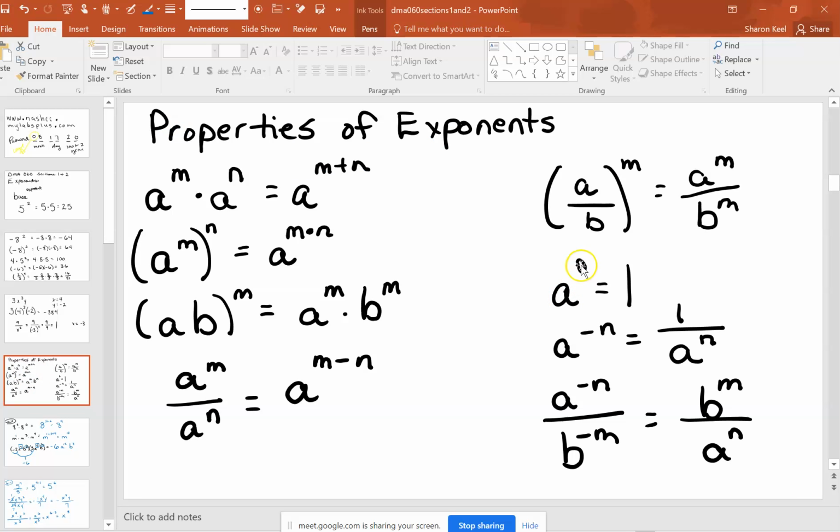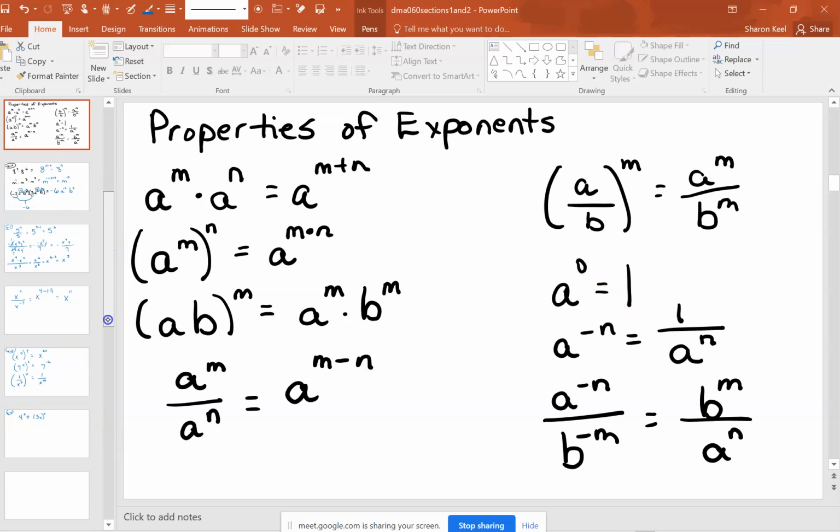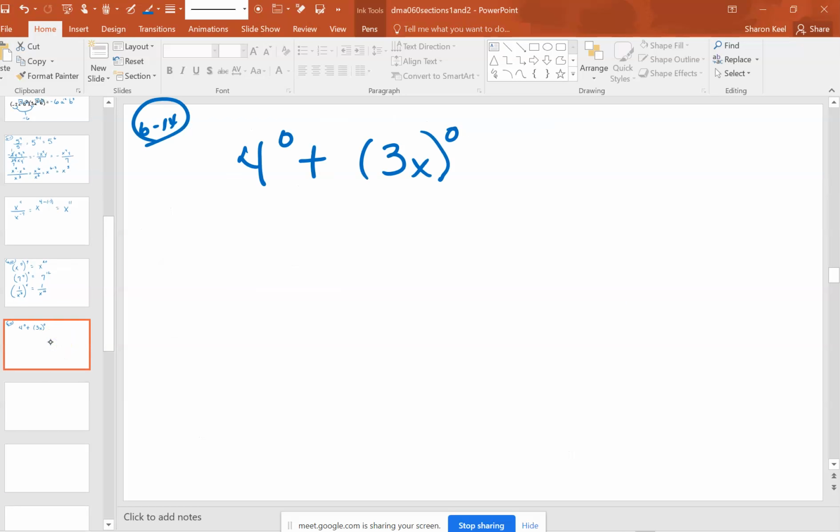Anything to the power of 0 is what number? 1, okay? So that's the property we're looking at here on this page. Anything to the 0 power is a 1.